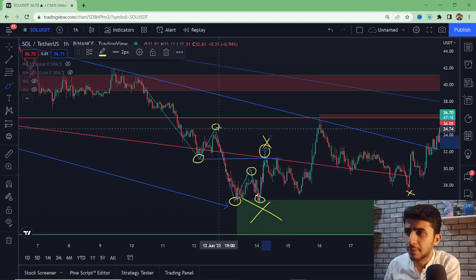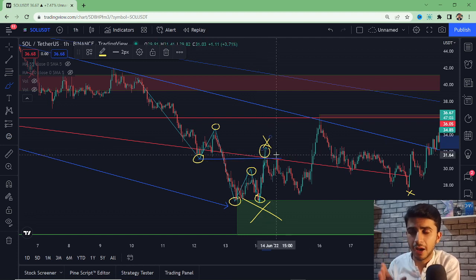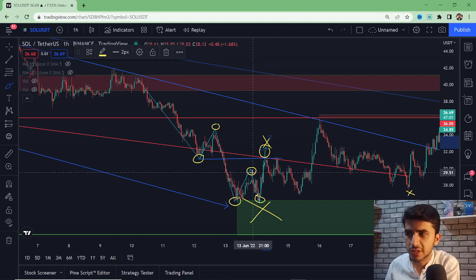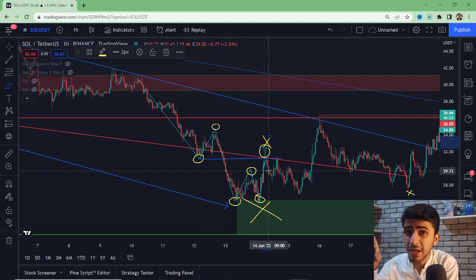This is an example of a lower high, and this is another example of a lower high. But if you look at this one, it breaks the structure and creates a higher high than the previous one. So this was a lower high of this one, and now this is a higher high. This is the point where they were trying to sell, but now things have got into loss.